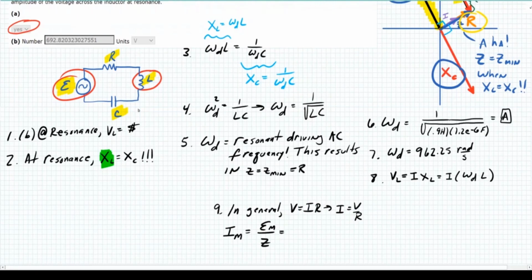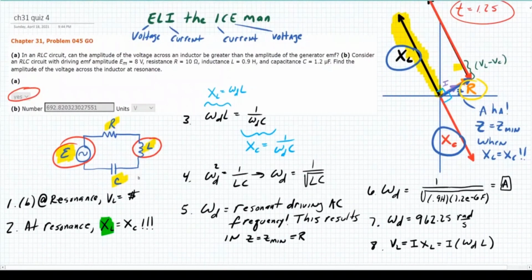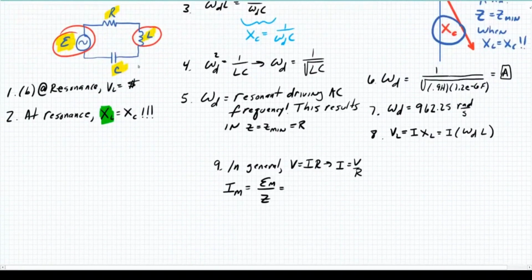Let's keep going with that. Do I know the voltage? I do. It's 8 volts. So it's the EMF from your generator, 8 volts, all over this thing again. Pythagorean theorem, square root of R squared plus XL minus XC, that squared.